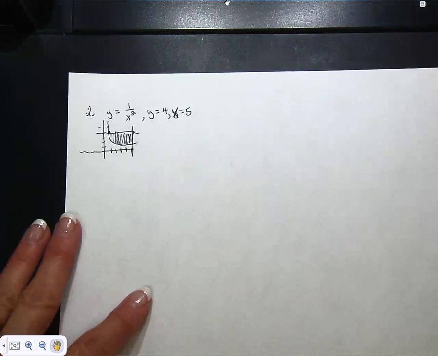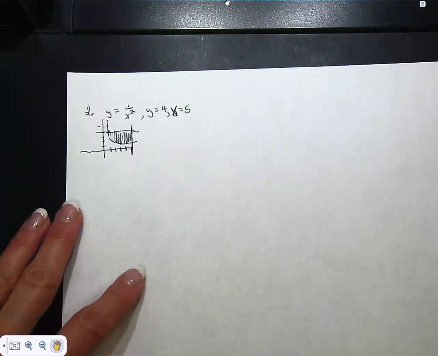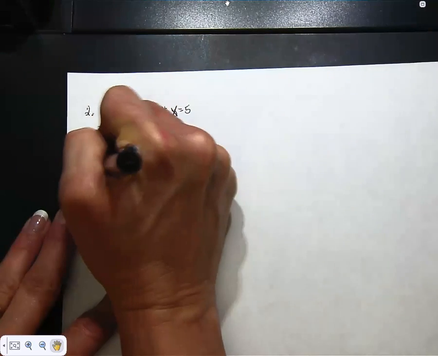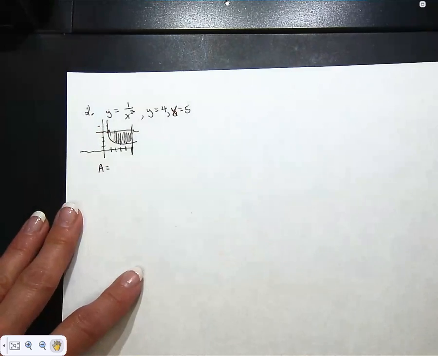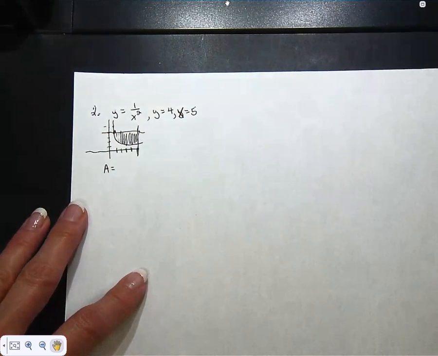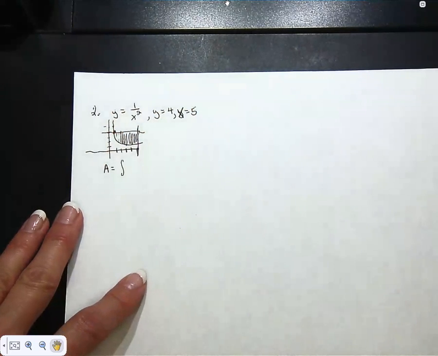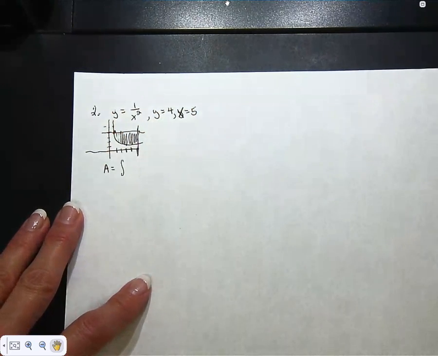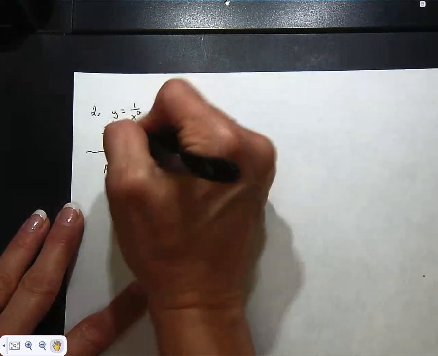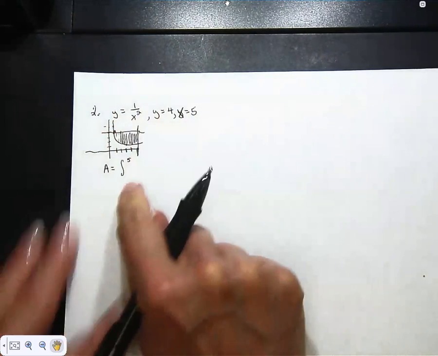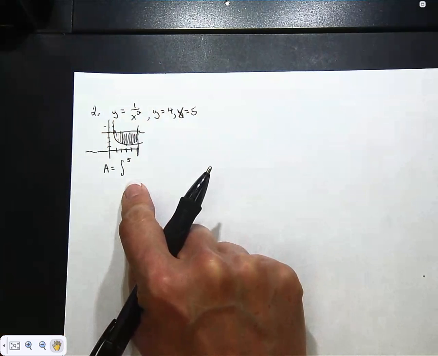How do you find your bounds of integration? Yeah, they're x values. So I know my top bound of integration is going to be 5, but what about that lower bound of integration?